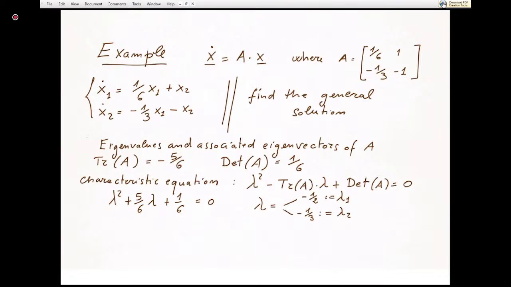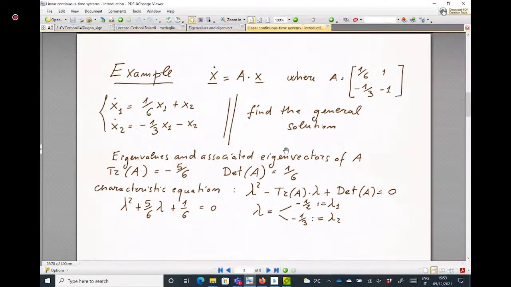So based on our previous reasoning, we know that C1, to be determined, but that will be an eigenvector, times exponential of minus 1/2 t will be a solution, okay? Because we have lambda 1 here, and this is an eigenvector associated to minus 1/2.